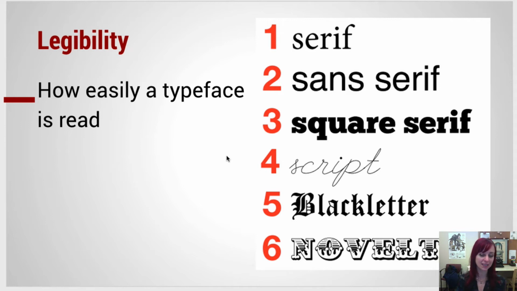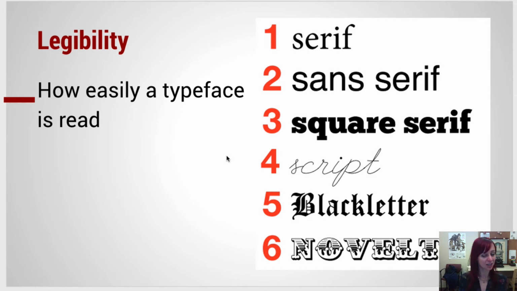And the biggest thing to remember is that legibility goes down typically as you go further down this list on the right. Serif and sans serif are pretty equal. Easy to read, great for body copy. Square serif starts to get a little harder to read because the slabs mess up the prototype matching. Script can get harder.